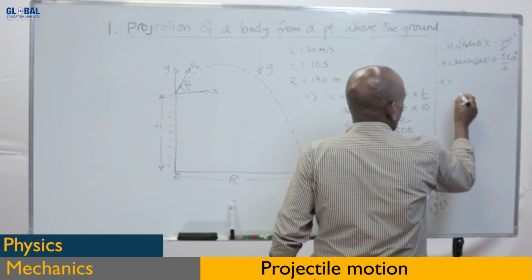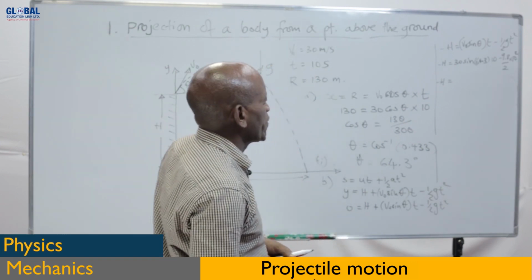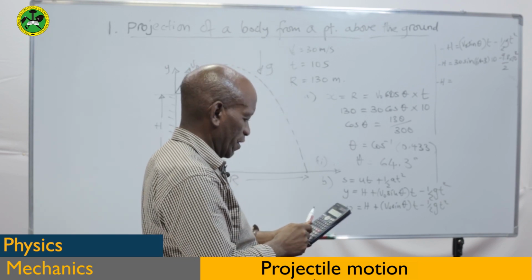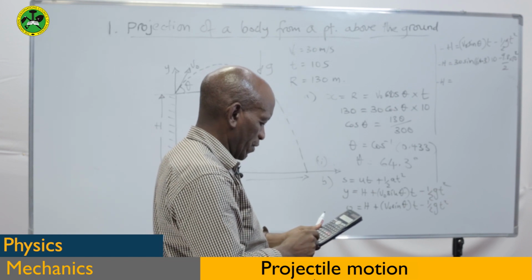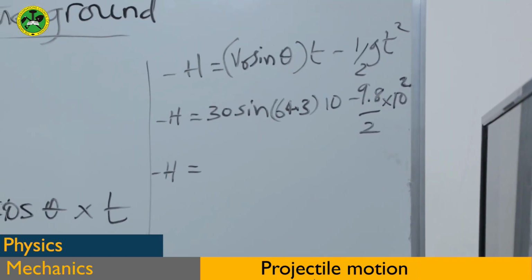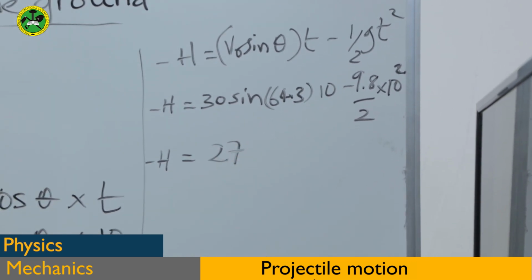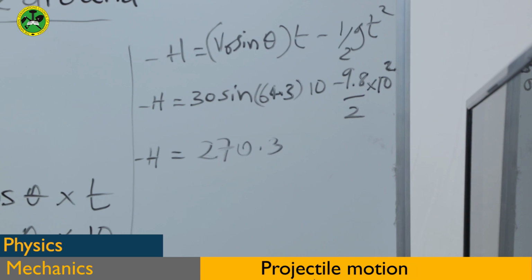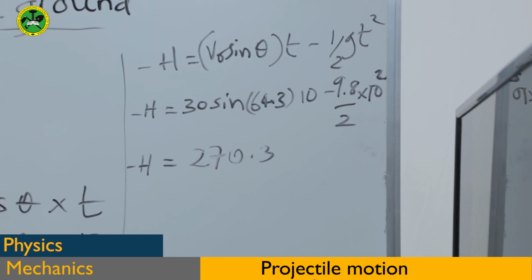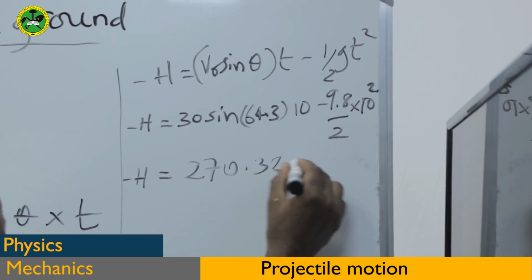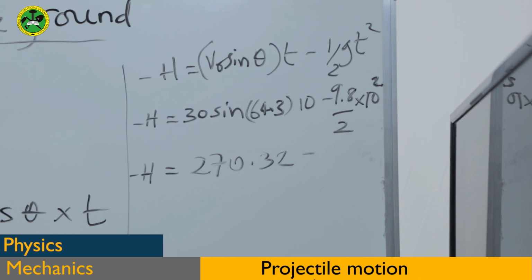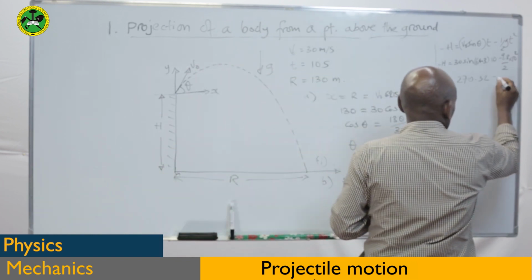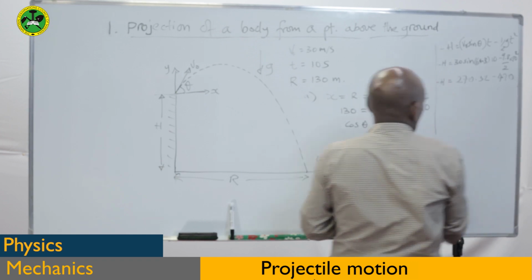So we are getting minus h is equal to 30 sin 64.3 times 10, minus 100 times 4.9. So you take your calculator, look for the sine of 64.3 and multiply by 30, then by 10, and you are going to get 270.32. Then 100 times 4.9 is equal to 490.